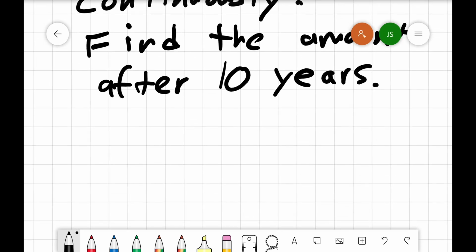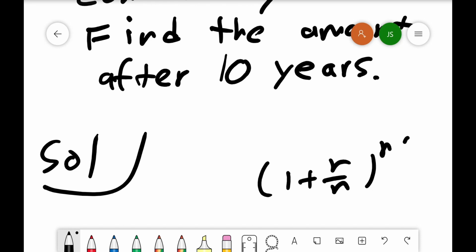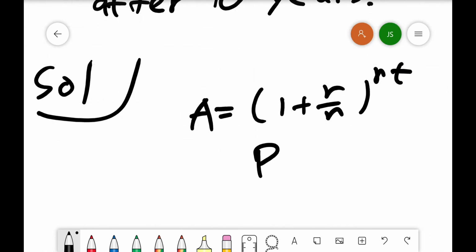Okay, so it's one of those interest banking problems. You're using either the 1 plus r over n to the nt formula for the amount, or you're using Pe to the rt. And how do I know I want to use e?